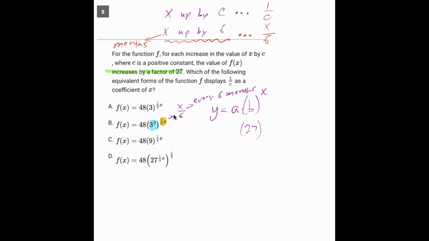So as x is going up by 1 over 6, we're multiplying 1 over 6 by our x, we're getting the equation to increase by a factor of 27.